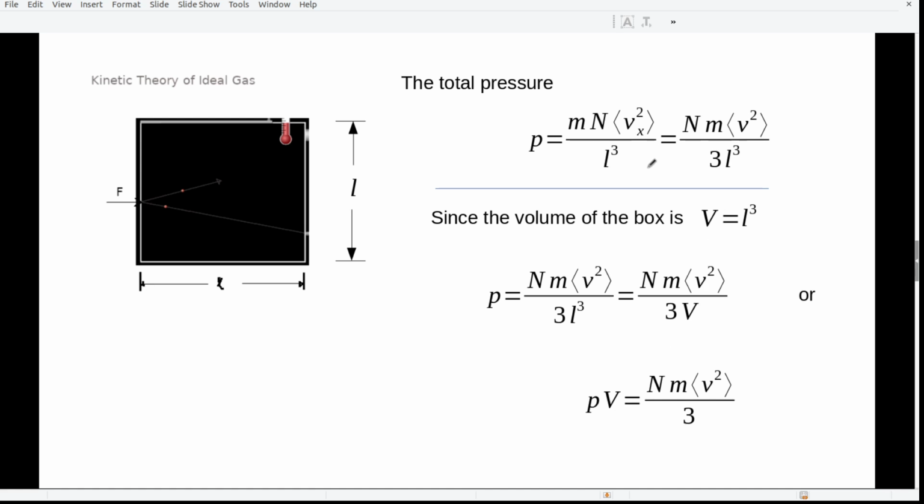Using the fact that the volume is L cubed, we replace the L cubed with V, and moving the volume to the other side, we have pressure times volume is N times the mass times the speed squared divided by 3.